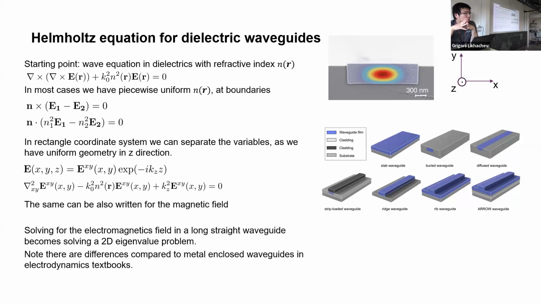And here, for simplicity, we are mostly considering cases where we have a uniform refractive index across the materials, so the space is piecewise uniform in terms of what it consists of. In this case, you can write a wave equation, and of course put a boundary condition defined by the materials.